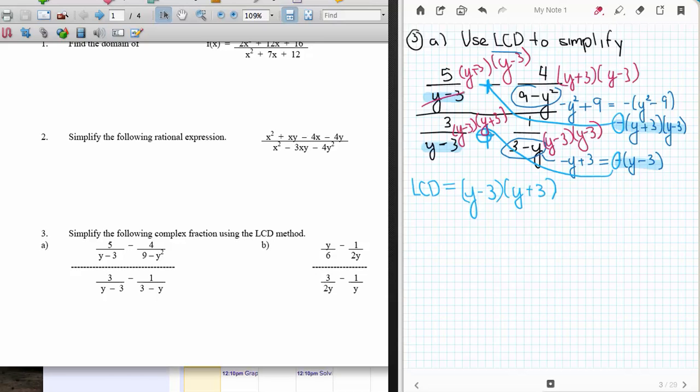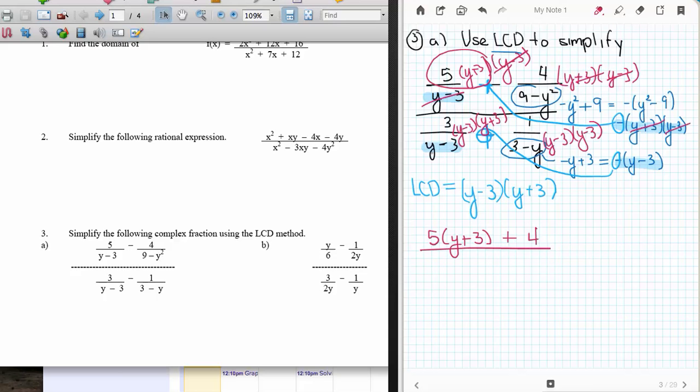So that y minus 3 term cancels with that y minus 3 term, leaving me with 5 times y plus 3. So I'll write that down. And then plus, and then the y minus 3 and the y plus 3 cancel here, leaving me with simply a 4.